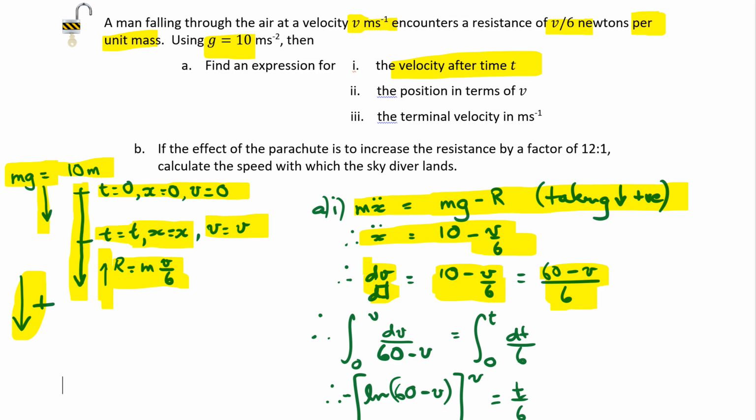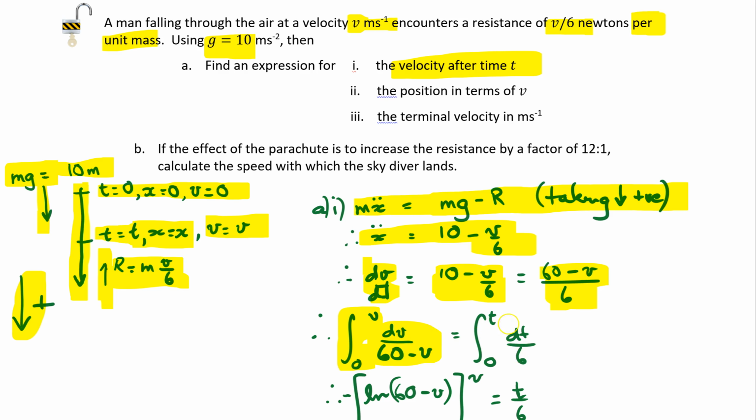I can't add and subtract things, I need to be able to multiply and divide. So that I can take the 60 minus v, divide that over the other side when I'm just doing dv from 0 to v.